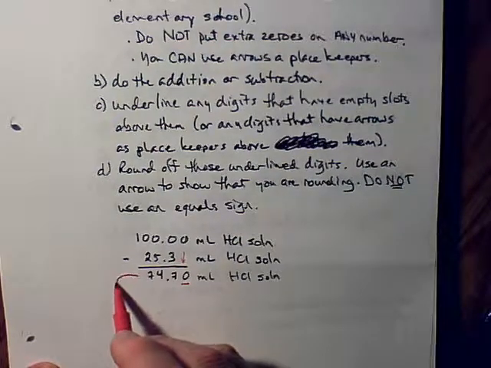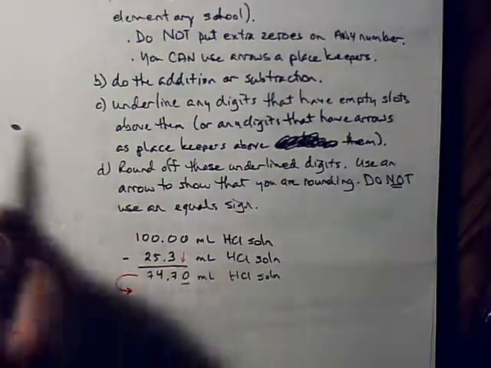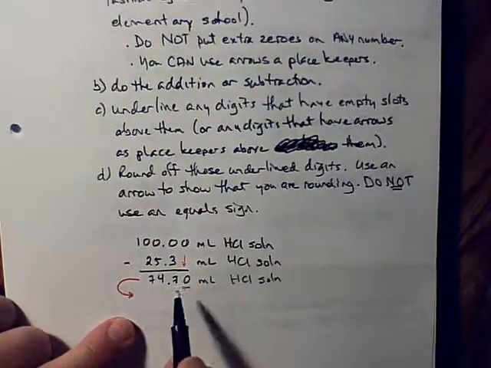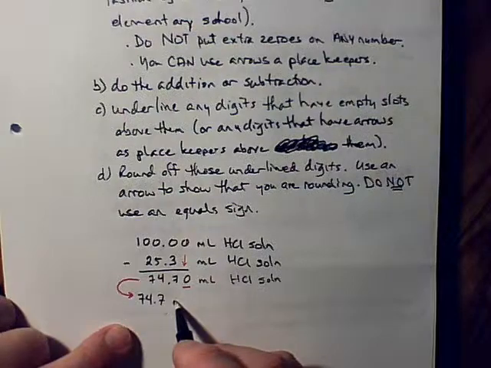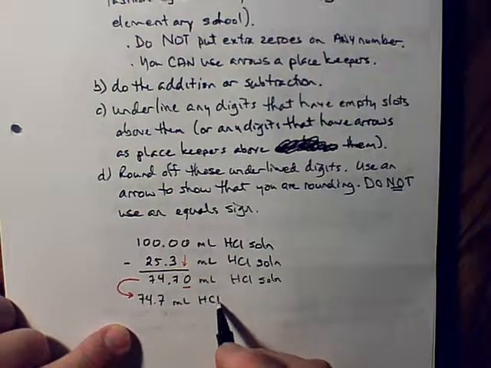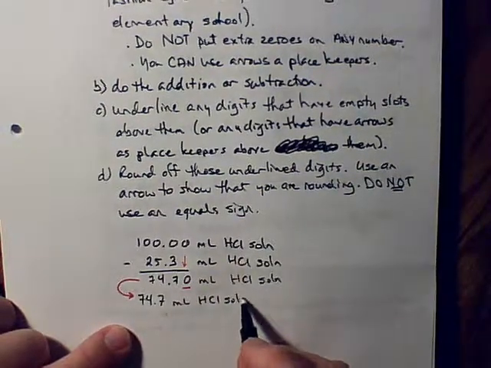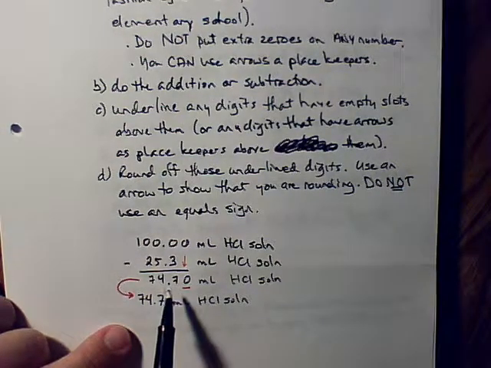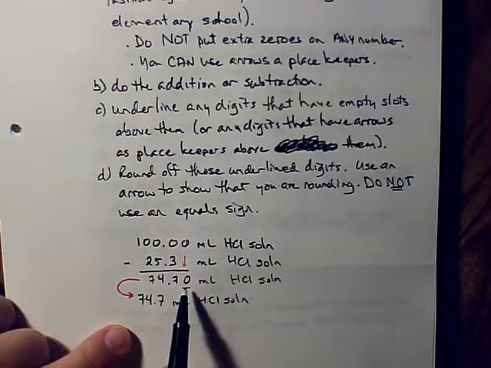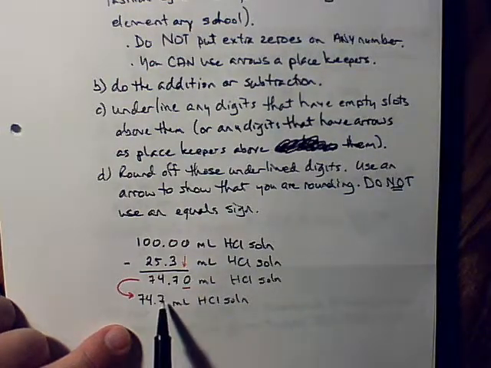And then we're going to use an arrow to show that we're rounding off. We're going to round off that 0. In this case, we're going to get 74.7 milliliters of HCl solution. Now, this number is equal to that number, but a lot of times I'm rounding off a 3 or a 7 here, in which case this number would not be equal to that.